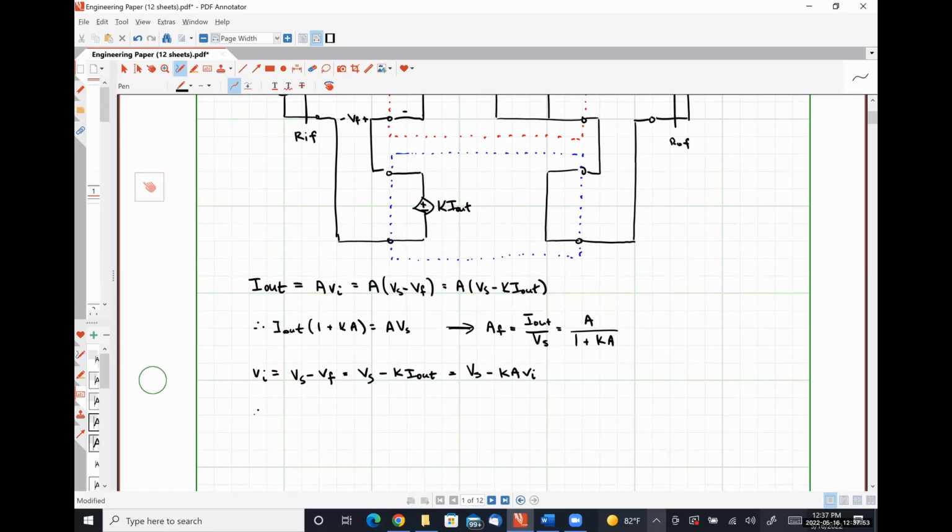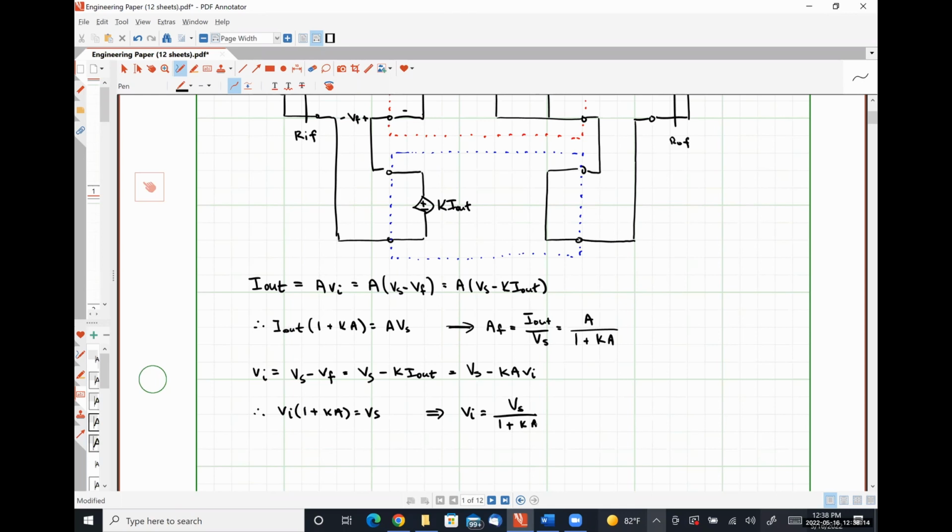From this, we can see that VI times 1 plus KA is equal to VS, and therefore VI is equal to VS over 1 plus KA.